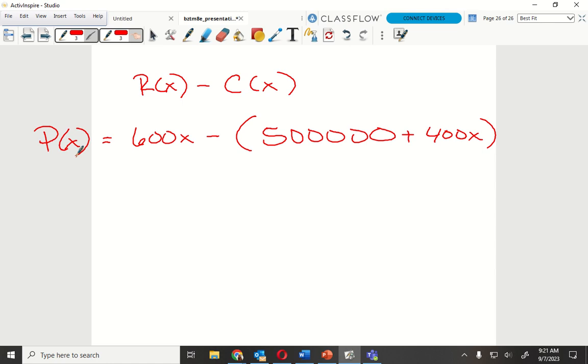I don't like the way that they showed it, so that's why I'm just putting the two together. So you're always going to write it like this, especially with the parentheses there.